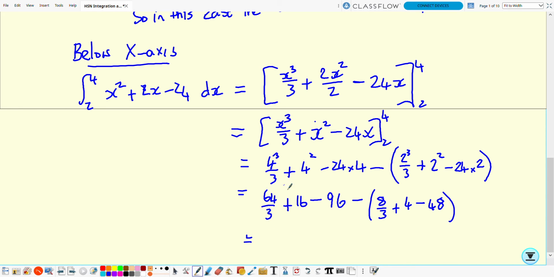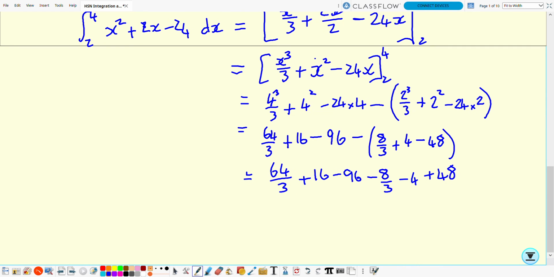So if you like, you could say that what you're putting into the calculator, even if you take the terms out one at a time, you've got minus 8/3, minus 4, and then plus 48. And if you deal with all of that in the calculator, you will get the answer of negative 17 1/3.